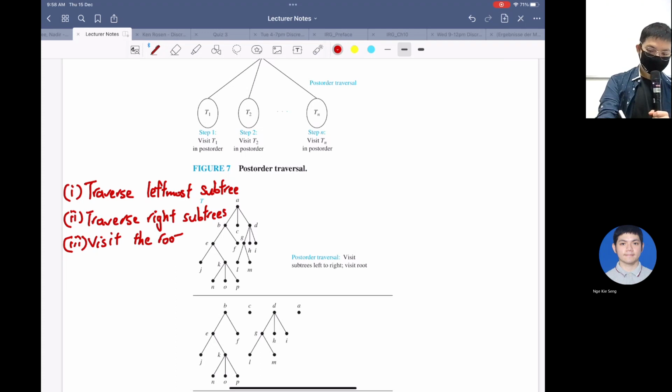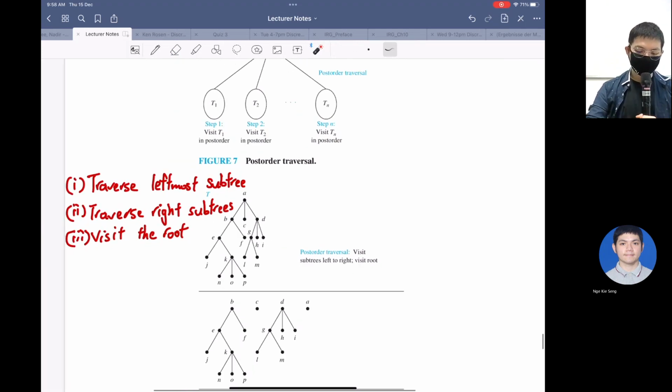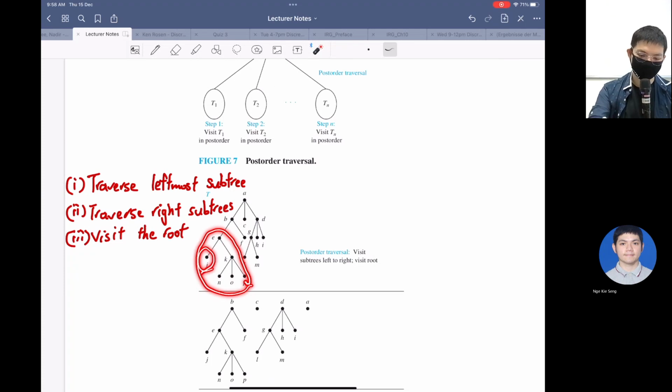So maybe let's go through this a bit quicker. You need to traverse the left subtree first. And to traverse this left subtree, you need to traverse the left subtree again. To traverse this tree, you need to traverse the leftmost subtree.